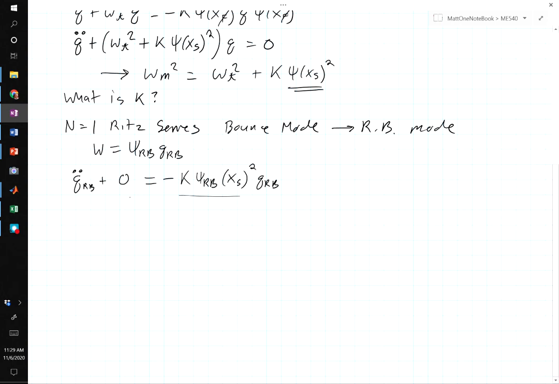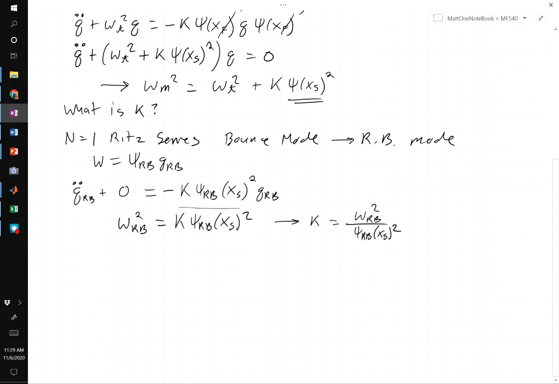So we can move it to the other side, and we can say that the rigid body natural frequency squared is equal to the stiffness of the support spring times psi RB of xs squared. Or we can use this to eliminate K from the equation up above. K is the natural frequency of the rigid body mode times the mode shape of the rigid body mode squared.